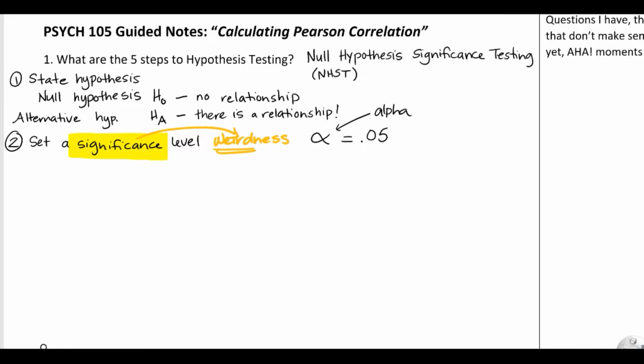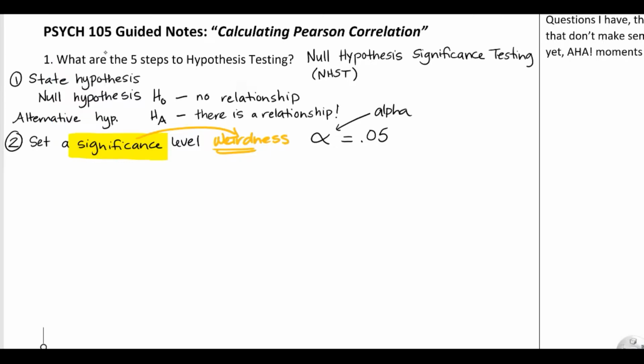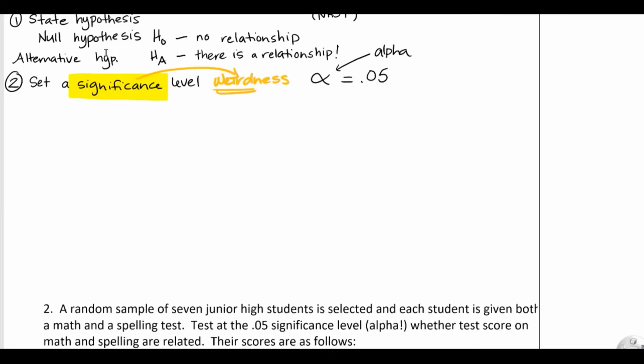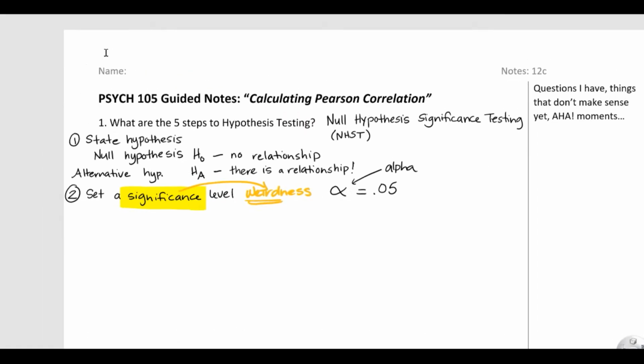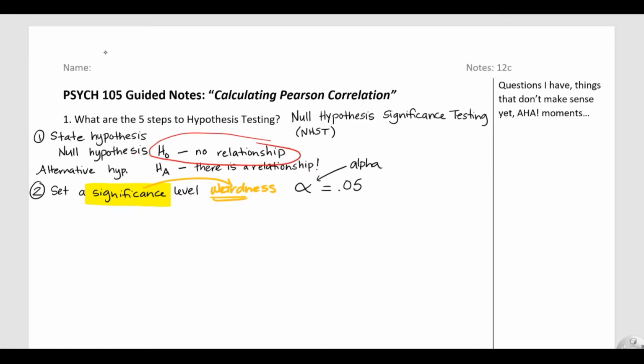So really what we're saying is that we always start out assuming that the null hypothesis is true. So we don't want to assume something, right? Because if you assume, you make an ass out of you and me, that whole kind of thing. Oops, sorry about that. So we start out assuming that this is true, and then we want to see, is there evidence to the contrary?